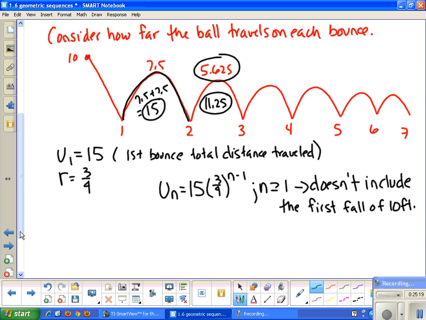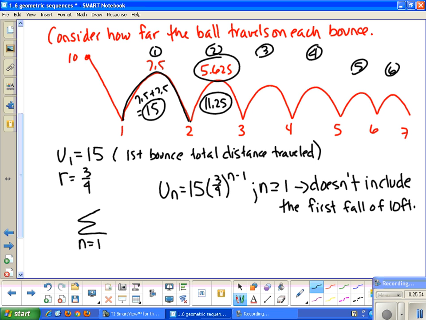So basically what I'm trying to do is find the sum from the first bounce, n equals 1, to when it hits the floor for the 9th time. So this would be the first time it hits the floor, 2, so this is bounce 1, this would be bounce 2, this is bounce 3, this is bounce 4, 5, 6, and we have 2 more bounces before it hits the floor for the 9th time, so actually it's going to 8 and not to 9.